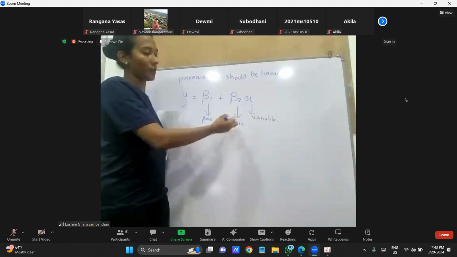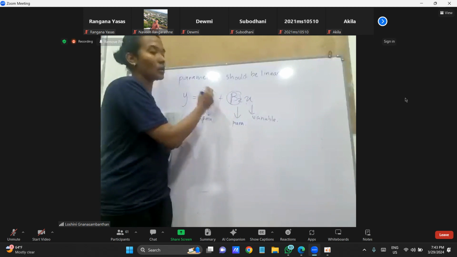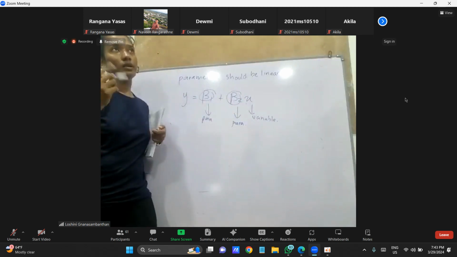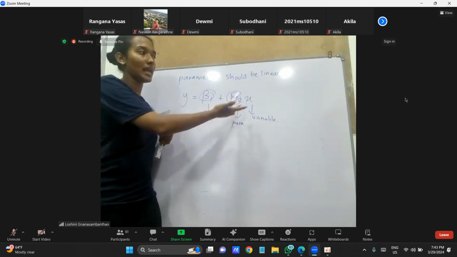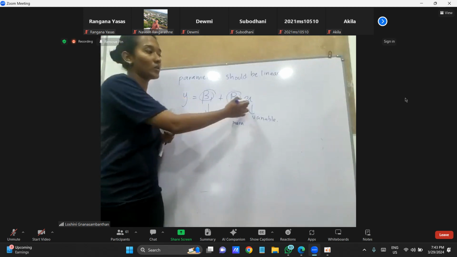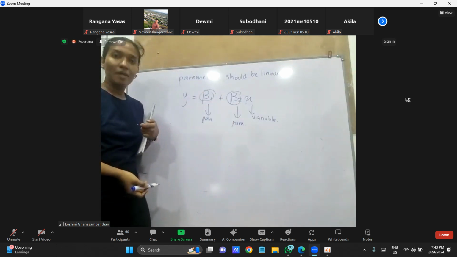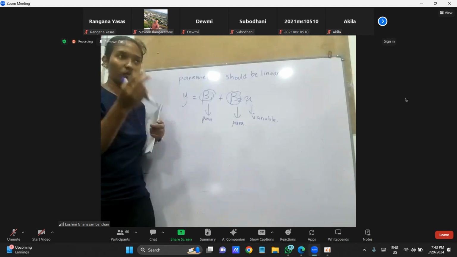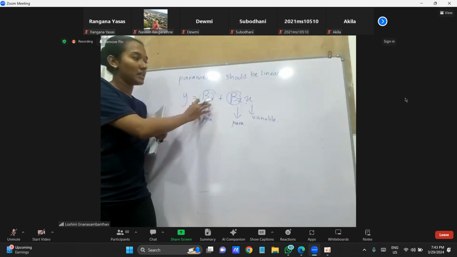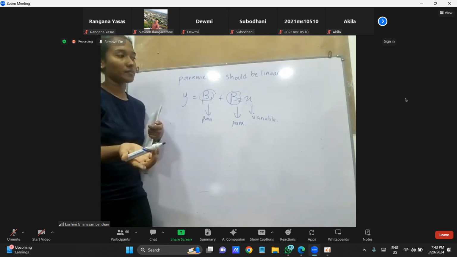Parameter in the sense these two are constants, right? After you calculate, this is not going to change. But x will change, and according to the change in x, y will change. But beta 1 and beta 2 will be the same for one sample, one population.